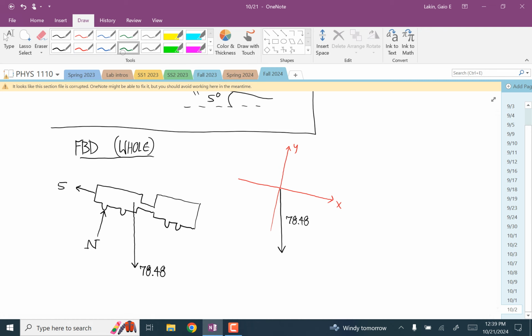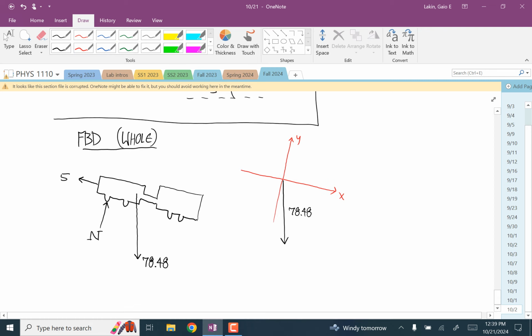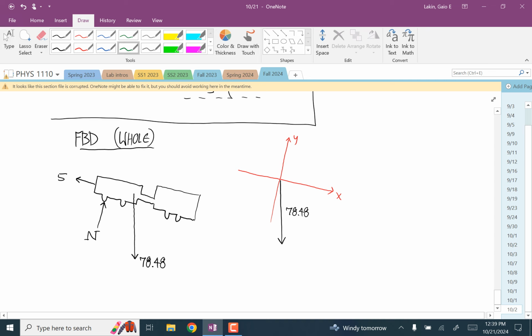Is this angle going to be 265 or 275? 275, yep, because you have to go past that negative y axis. So we have 78.48 times the cosine and sine of 275 degrees.